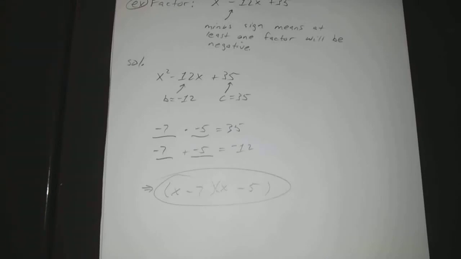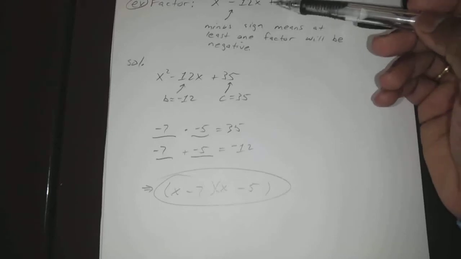Any questions on that one? Yes, I just have a question. Sure. I always learned that the plus sign at the end means the signs are the same. So if there's a minus sign in the middle and you see a plus sign at the end, that means they're the same. It is true, but there are so many little different rules to try to remember. I try to cut back as many as possible, so the less you have to remember.